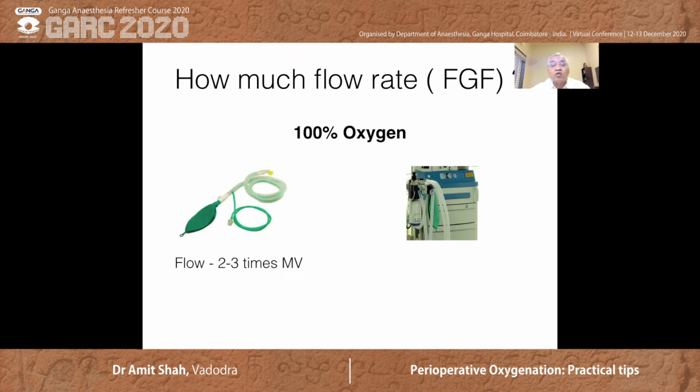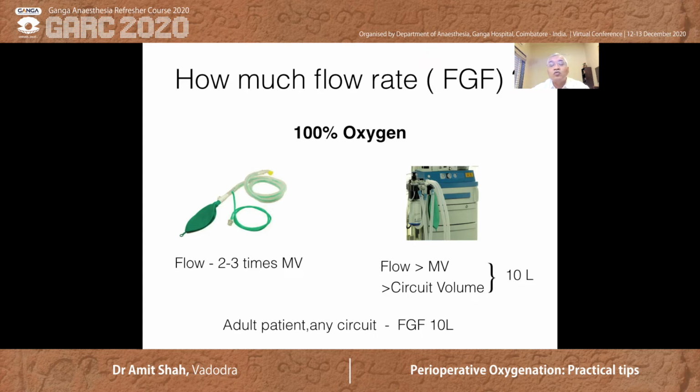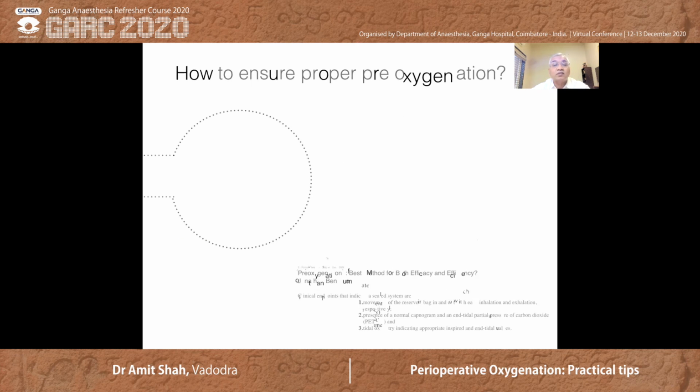In case of closed circuit, the flow should be more than minute ventilation and more than circuit ventilation. So in either case, if you use flow higher than 10 liter, it should be sufficient, and it will avoid rebreathing and will establish your adequate pre-oxygenation.